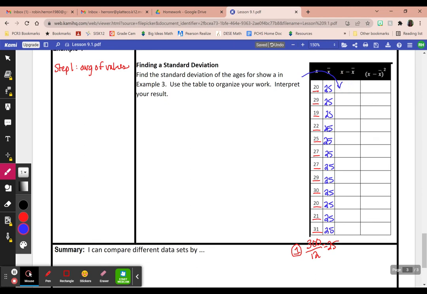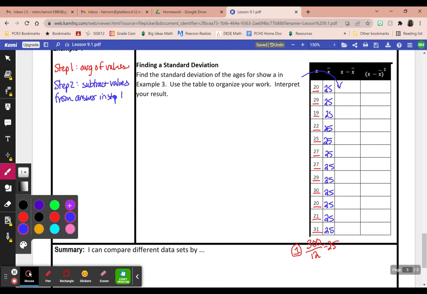Step 2, we're going to subtract our values from the answer in step 1. Okay, so those answers there are going to leave you with 20 minus 25, so that's negative 5. 29 minus 25 is 4, and so forth.